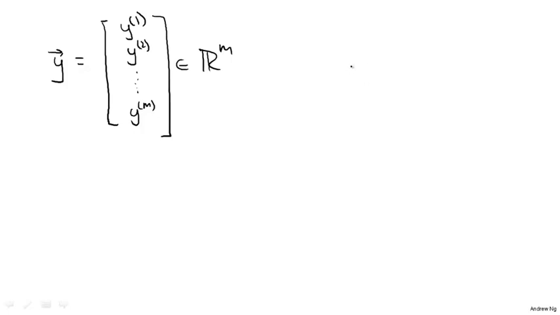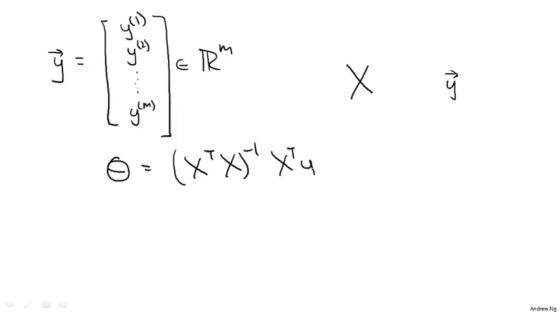With this definition of X, my training examples stacked in rows, and of this vector y, my labels stacked into a vector, what I'm going to do is just compute theta as (X transpose X) inverse X transpose y. And it turns out this is the analytic closed form solution to the problem of how to minimize J of theta as a function of theta.